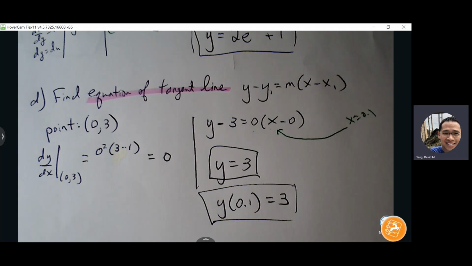Okay, I'm going to skip down to the u-substitution problems. So page 4, number 4.